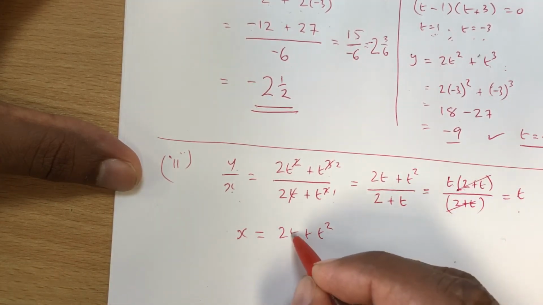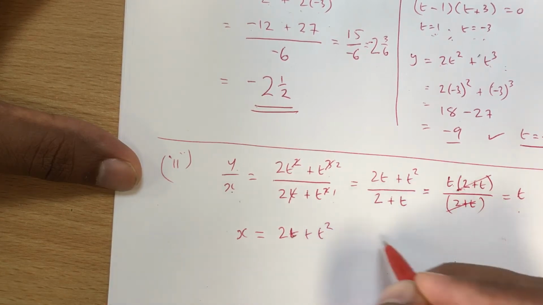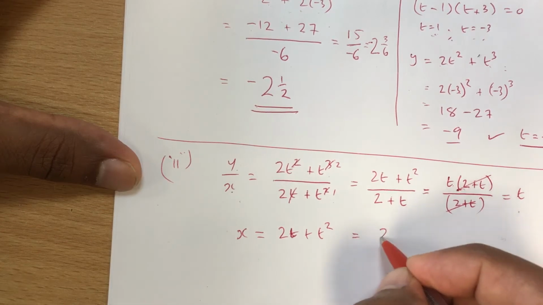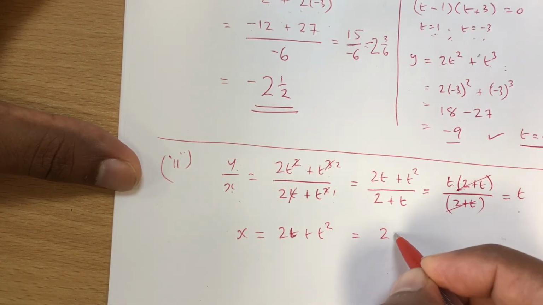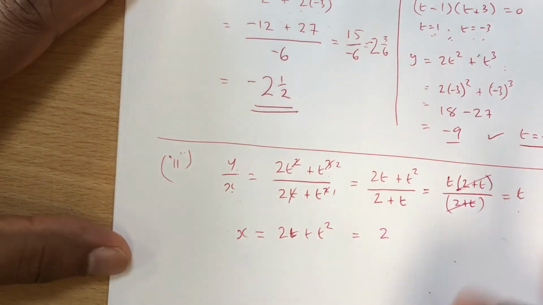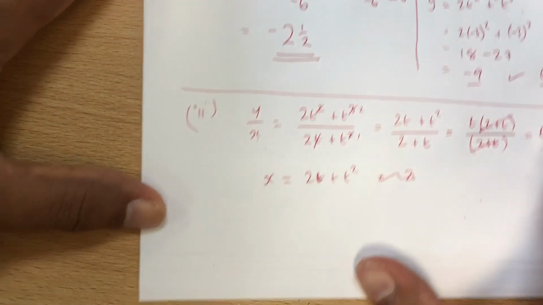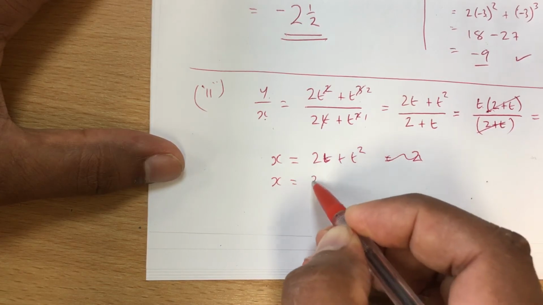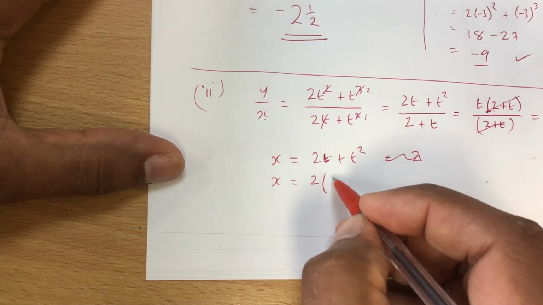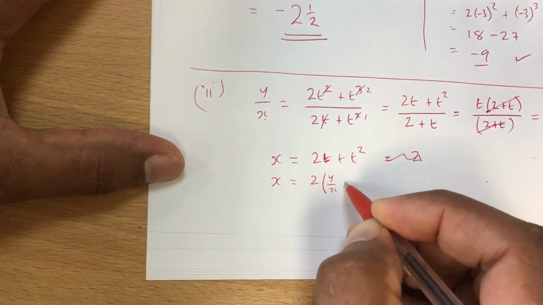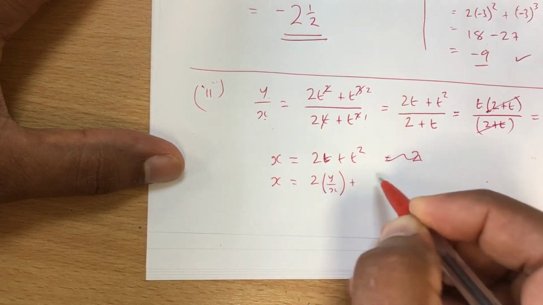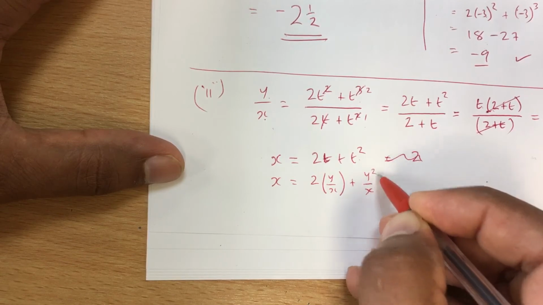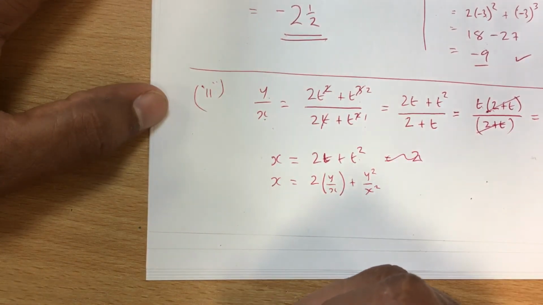I'm going to replace the t here with y over x, so x equals 2 times y over x plus y over x, squared.